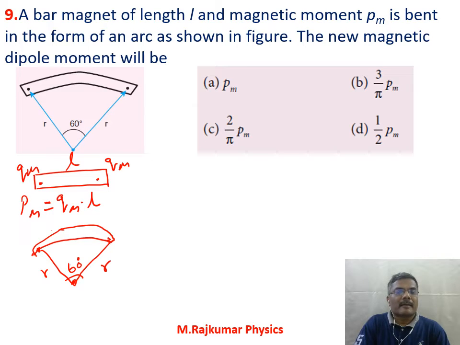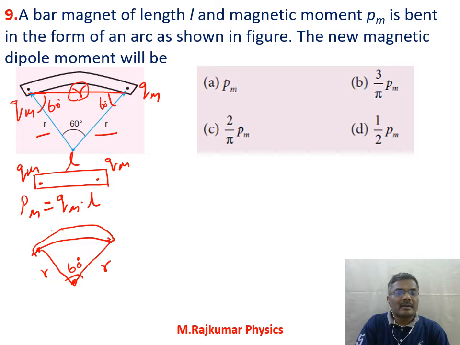So here, the solution for this diagram: if I take this as R and this as R, I have to find out this length. If I find out this length, I can calculate the magnetic moment of this magnet, which is having the pole strength of Qm and Qm. In this triangle, if this angle is 60, then this angle and this angle should be equal, so this also 60 and this also 60, and this length also should be R, because it should be an equilateral triangle.